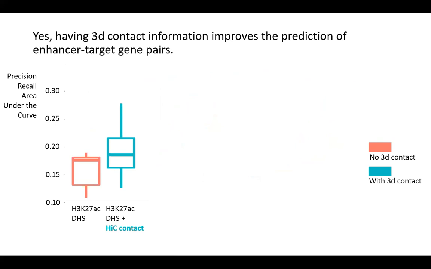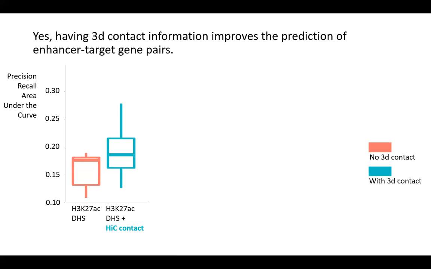So this is showing you just putting in the enhancer strength, the H3K27ac and the accessibility with the genomic distance. And this is showing you the overall accuracy that is measured with this measure called the precision recall area under the curve.